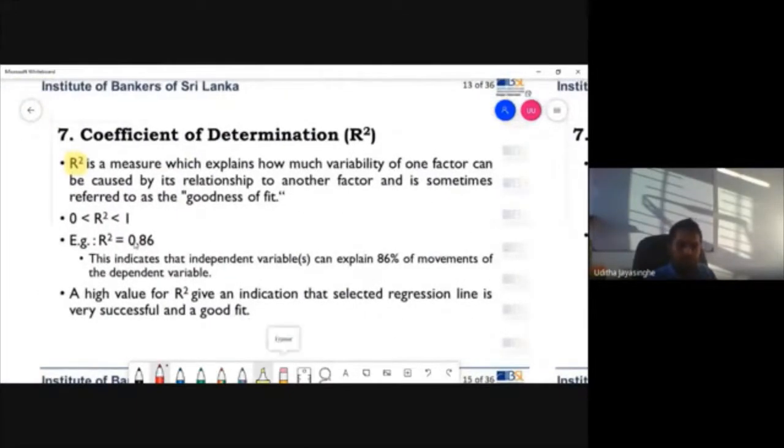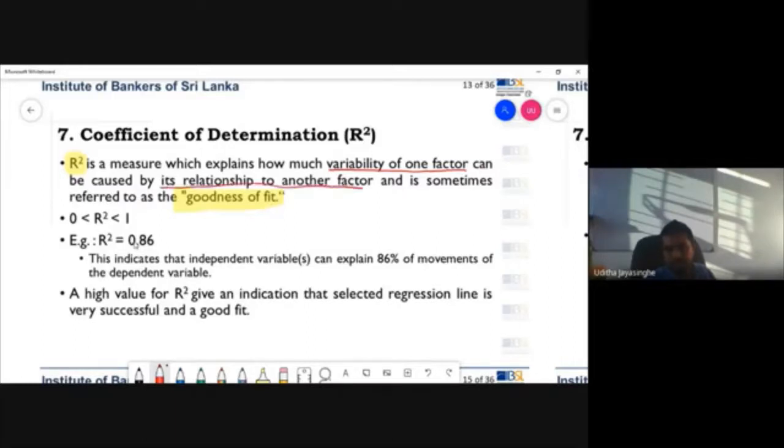We'll learn how to calculate this value in a while, but for the moment, let's see what this is going to tell you. R square is a measure which explains how much variability of one factor can be caused by its relationship to another factor.